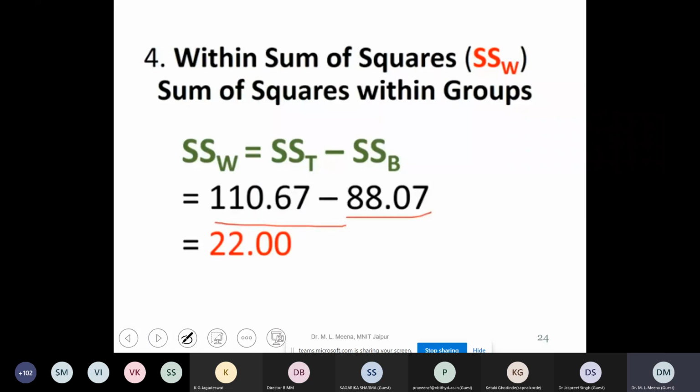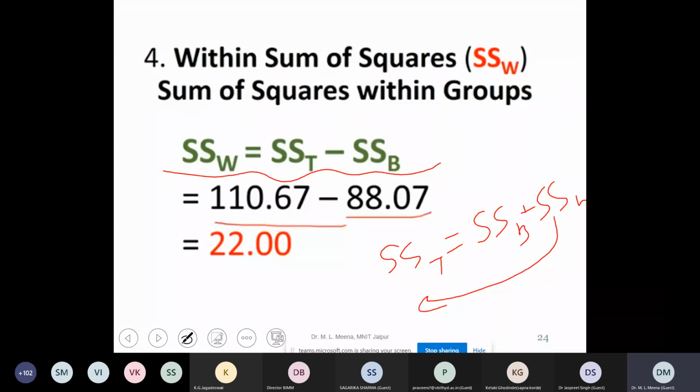We know that SST equals SSB plus SSW, so the formula for SSW is SST minus SSB. We already have the value for SST, 110.67, and SSB is 88.67. So our result is 22.